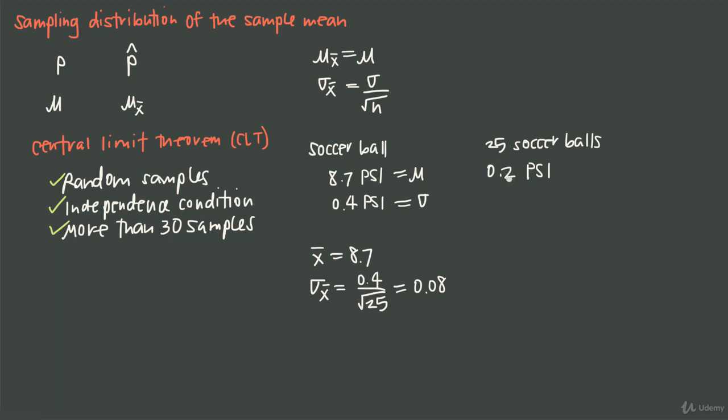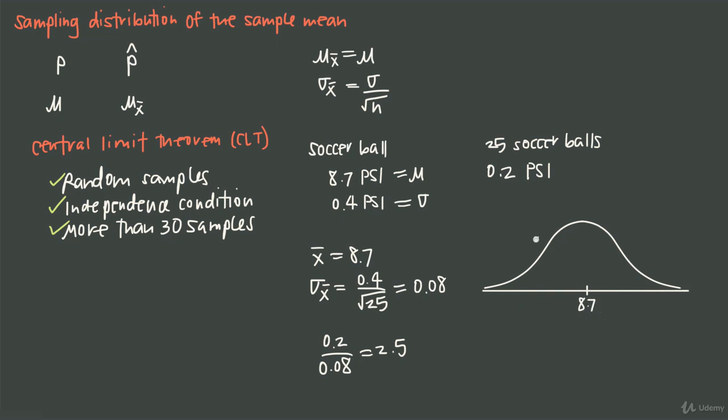Now, since we want to know the probability that our sample mean is within 0.2 of the population mean, we need to express 0.2 in terms of standard deviations. Well, we know that one standard deviation is 0.08. So if we take 0.2 divided by 0.08, we get 2.5, which means that, let's say we have this normal distribution here. We know the mean is 8.7.